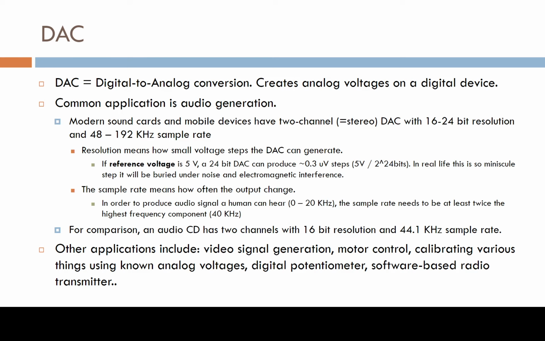So the highest digital value corresponds to 5 volts. Then that 24-bit DAC actually produces 0.3 microvolt steps. 0.3 microvolts is very hard to even measure with professional equipment. Noise levels are usually higher than that level of signal. So basically the resolution there is very high.